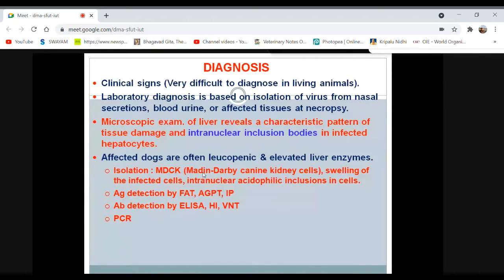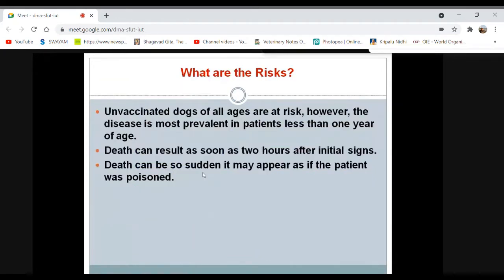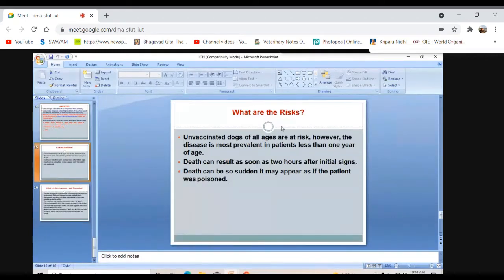Okay, and you can go for isolation of the virus, antigens, antibodies by different techniques like the fluorescent antibody technique, AGPT, then ELISA, virus neutralization test, hemagglutination inhibition test, and PCR for detection of the viral nucleic acid. Okay, so that's all about infectious canine hepatitis.